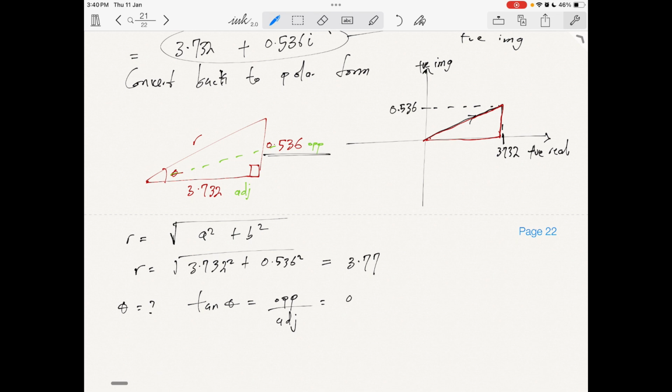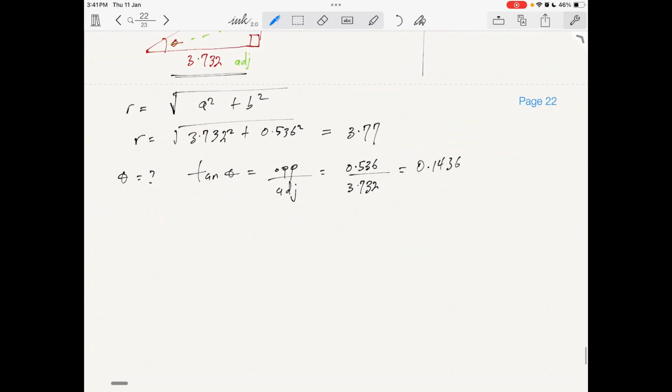Opposite is equal to 0.536 and our adjacent is 3.732, which will be equal to 0.536 divided by 3.732, which is 0.1436. Now we can evaluate our theta to be tan inverse of 0.1436, which is equivalent to 8.173 degrees.